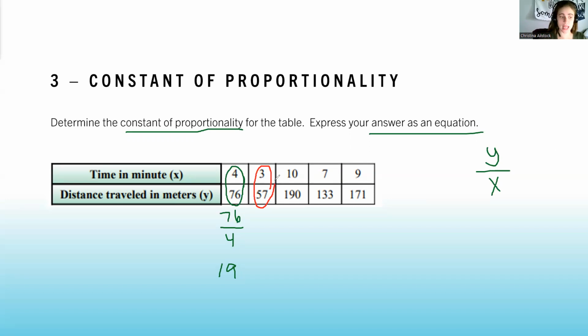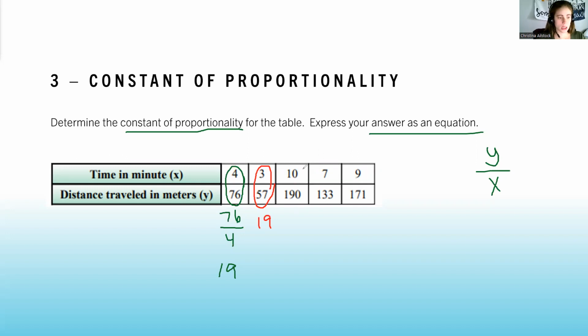We need to do it the same each time. And we also get 19. When I'm given a table and asked to find that, I like to check multiple ones just to make sure, especially if it's on an assignment and I don't have a time limit or anything.